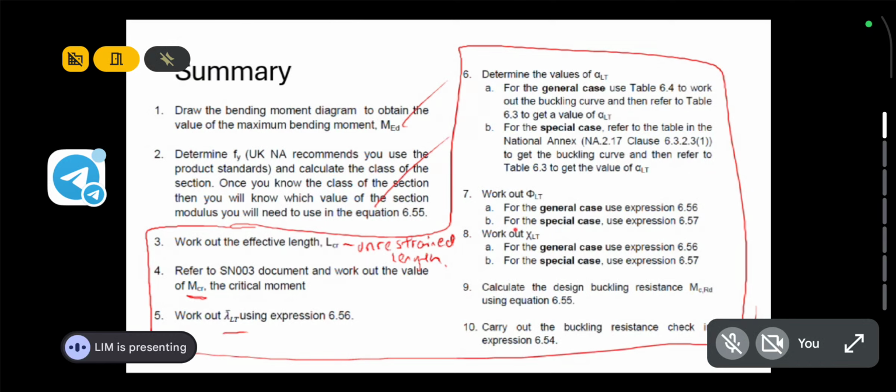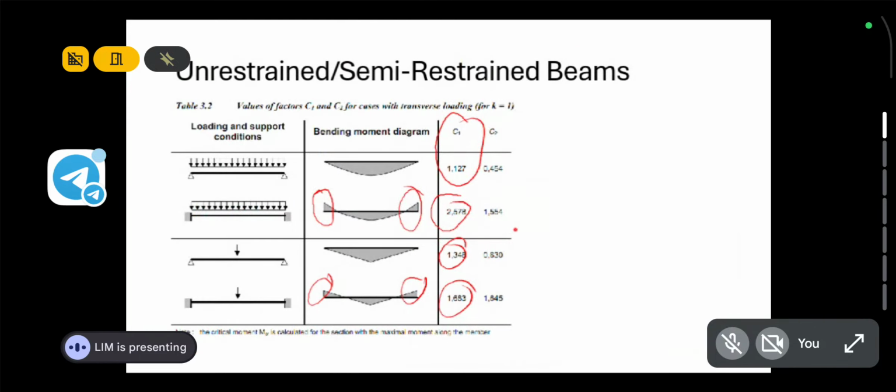Once you have gamma LT, you can work out alpha LT. Once you have alpha LT, then you can plug everything into your MCRD formula and you can calculate the buckling resistance.